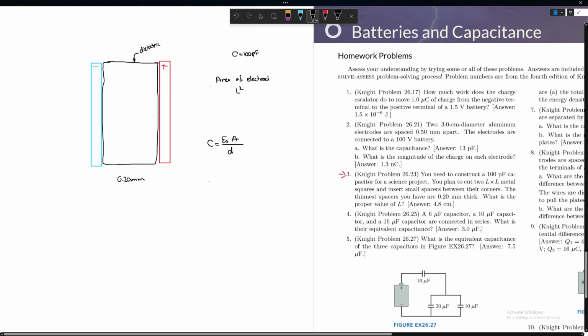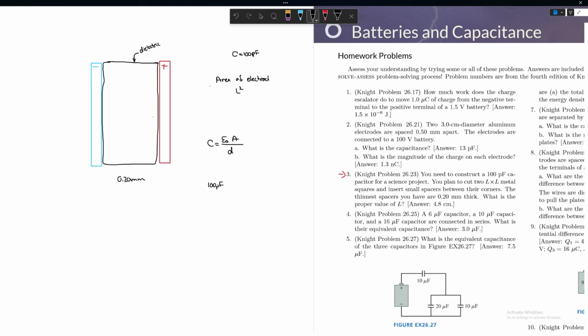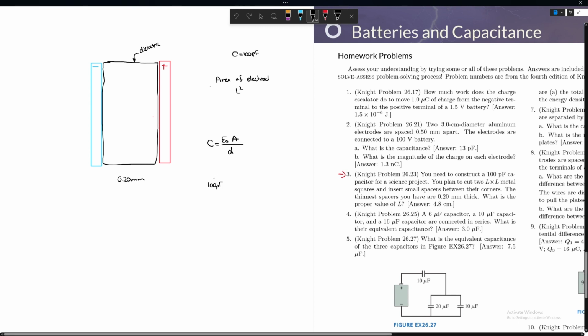Here I still have my 100 picofarads. I don't know what picofarads are, so let's search what is 100 picofarads to farads, and what I'll get is 1 times 10 to the negative 10.